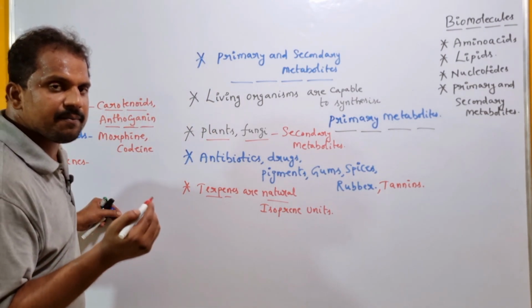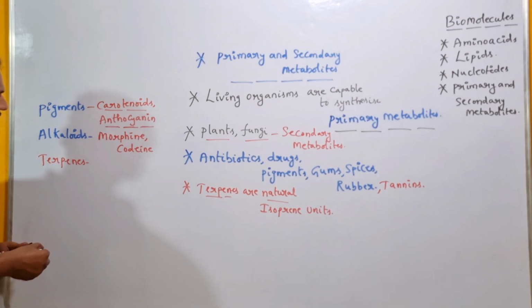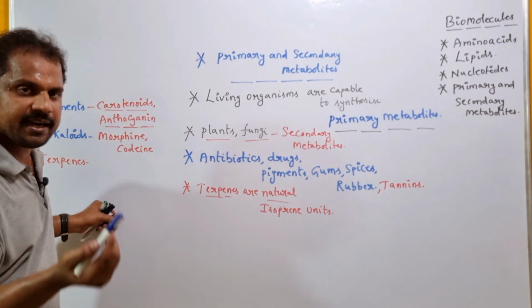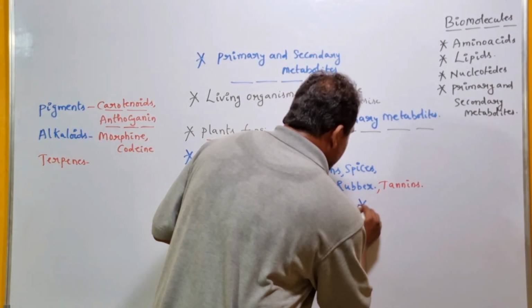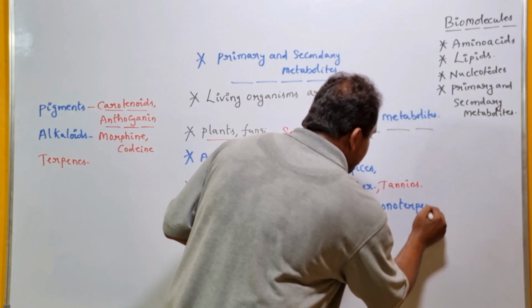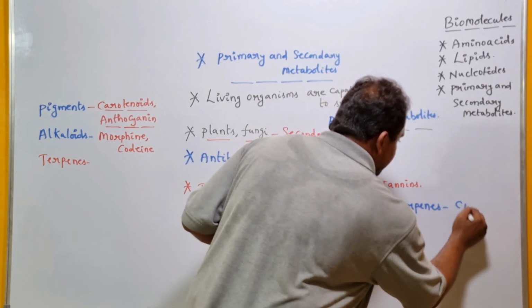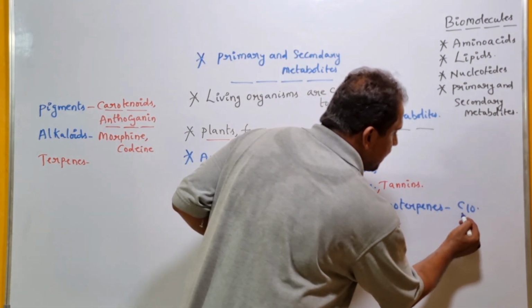Based on the number of carbon atoms, the terpenes can be monoterpenes, diterpenes and even triterpenes. Is it clear? In case of monoterpenes, the carbon atom number is C10.